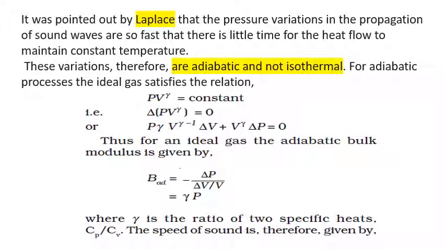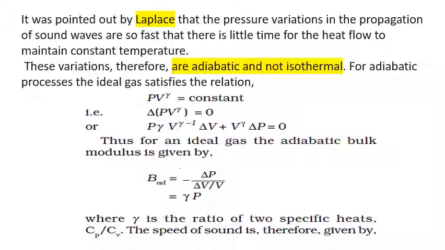Later on, it was pointed out by Laplace that the pressure variations in the propagation of a sound wave are so fast that there is little time for heat flow to maintain constant temperature. These variations are adiabatic, not isothermal. For adiabatic processes, the ideal gas equation satisfies PV^gamma equals constant, and on differentiating it again, you will get the bulk modulus as gamma P, not simply P, where gamma is the ratio of the two specific heats, Cp by Cv.